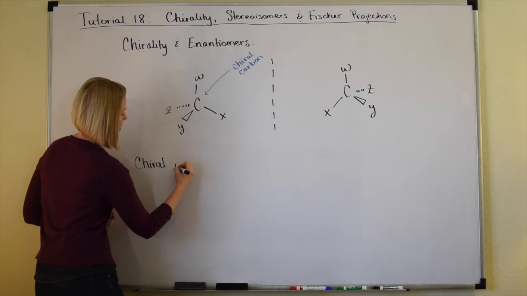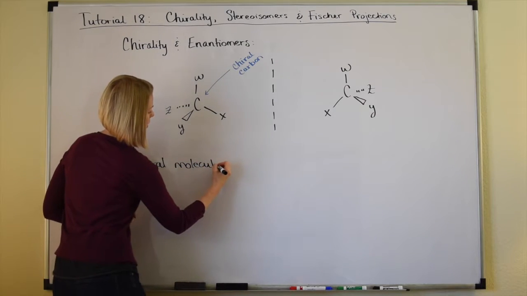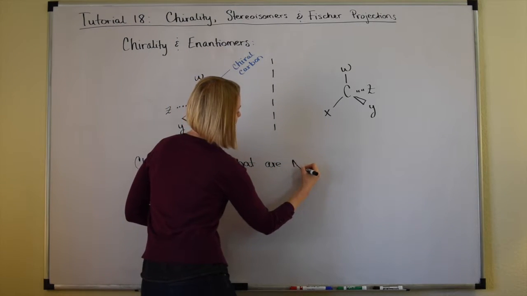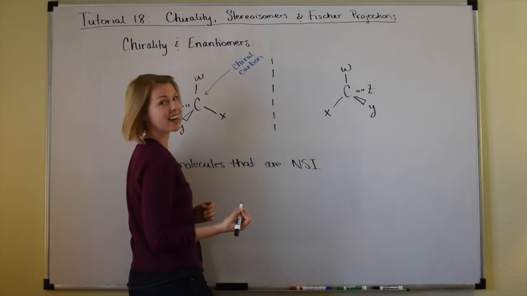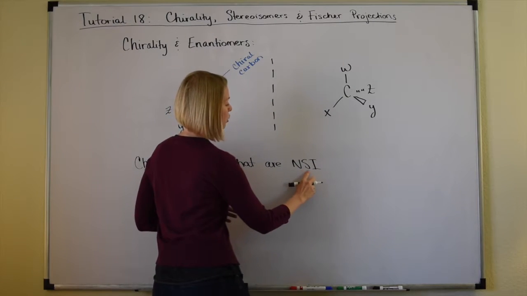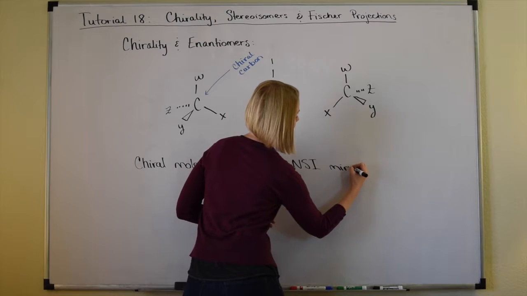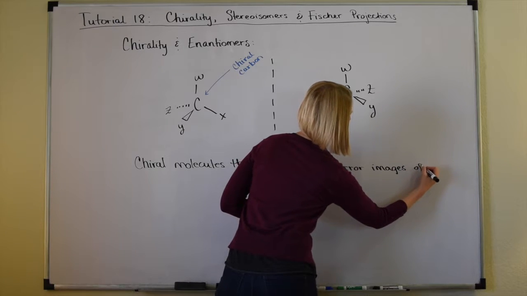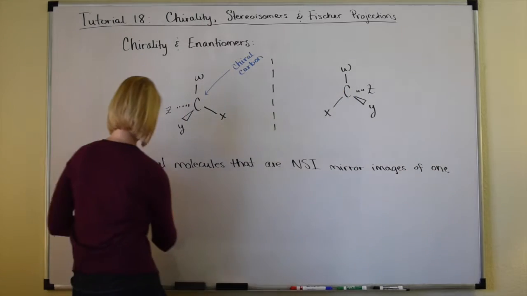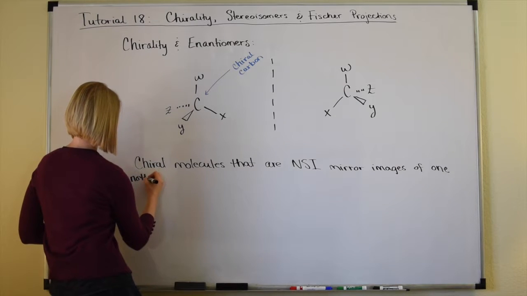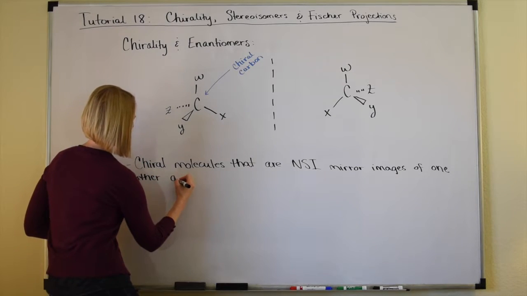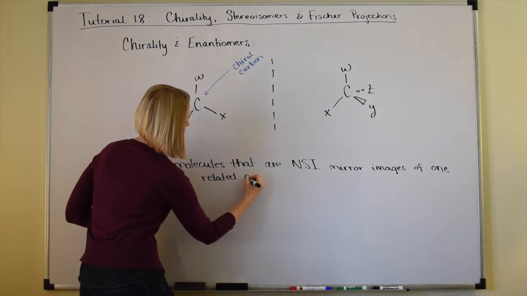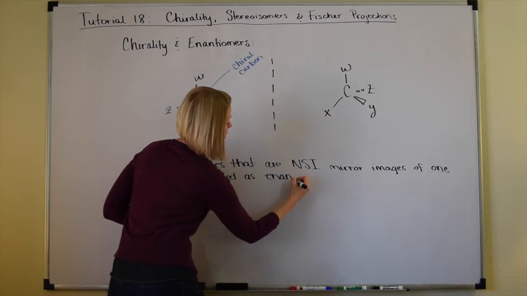Chiral molecules that are non-superimposable (I'm going to write SNI just to save myself a little time) mirror images of one another are related as enantiomers.